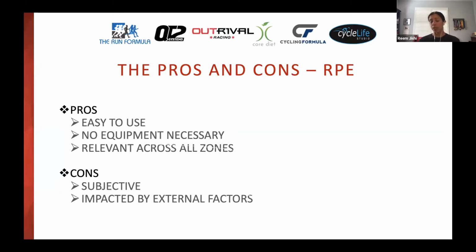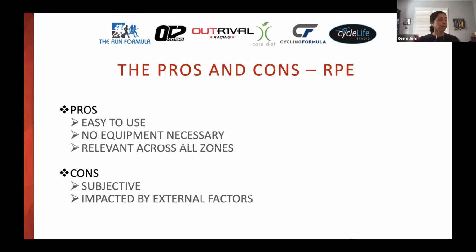We guide them and say, okay, this is what a 6 feels like, or this is what a 5 feels like. But I know that different athletes characterize things differently. So you have to be in communication and understand, when I tell an athlete I want you to run at a 6 out of 10, that they know what a 6 out of 10 is and that we're on the same page.